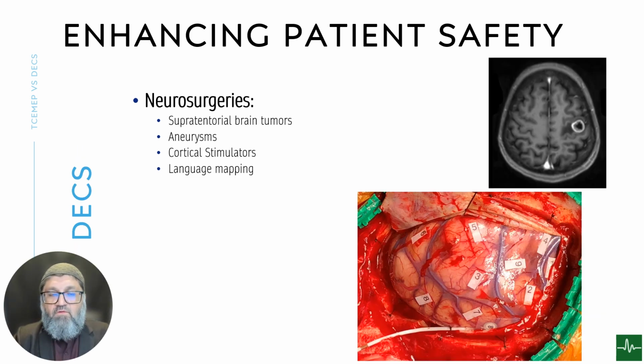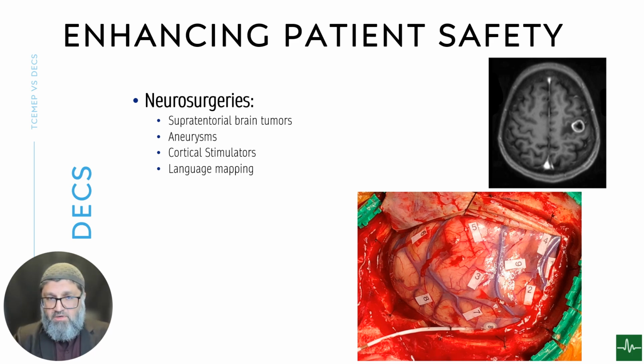For direct electrical cortical stimulation, it is highly recommended for all surgery which is supratentorial. Transcranial motor evoked potential is not ideal for supratentorial surgery because we have no control over the spread of the current.